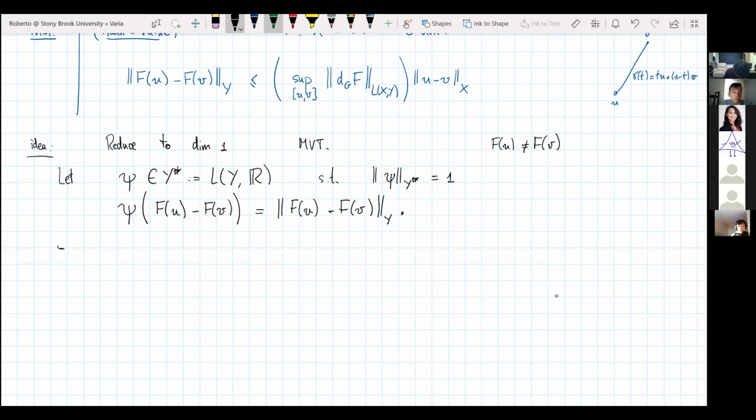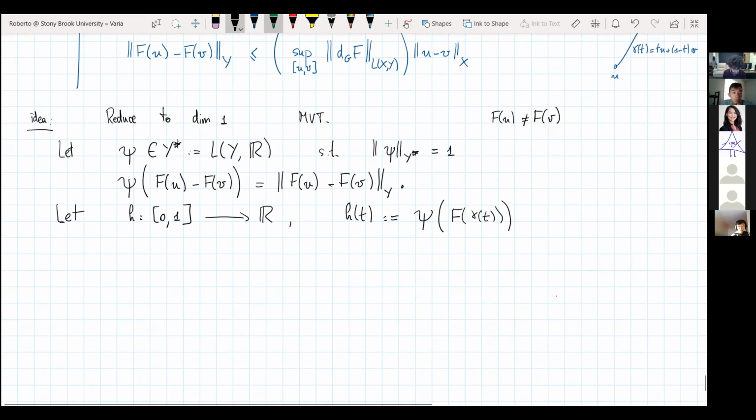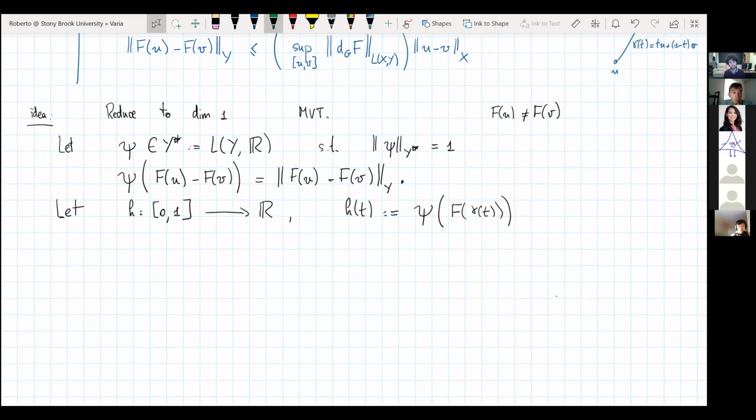And we can also define this function, which is the way we go down to one dimension. So we take this function h from 0,1 to R, defined as h of t equal to psi applied to f of the image of this segment using the parameter t. So now we can compute the derivative of this h.